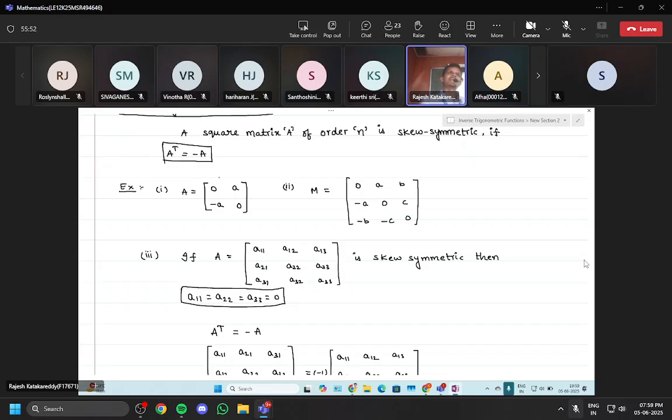What I am saying is, if it is A, then it should be minus A. If it is B, then it should be minus B. Clear? Once you fill A there, it will be minus A by default.